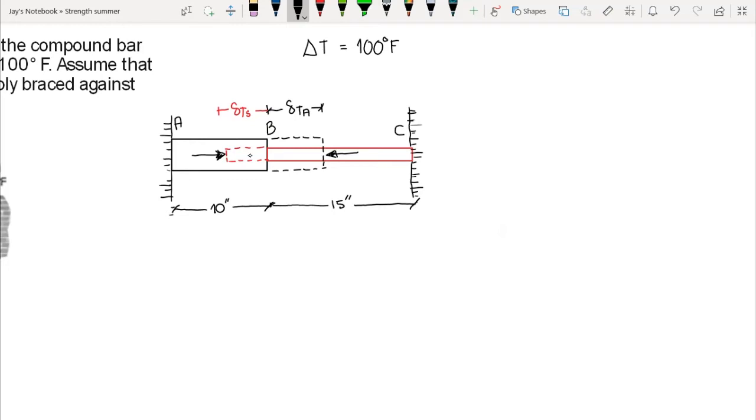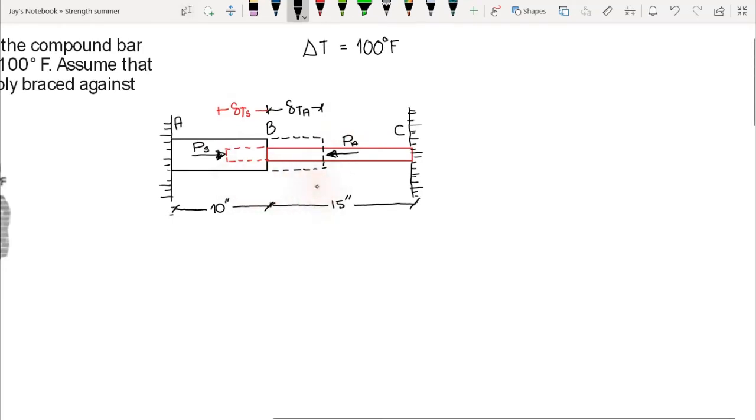Let that force P be the force acting on steel, and this one is the force acting on the aluminum. So these actual loads here are responsible why we do not have deformation on each bar.